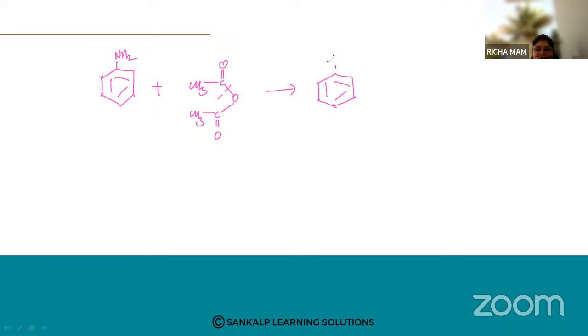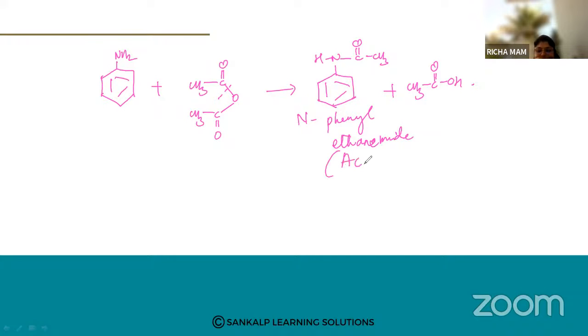In NH, one of the hydrogens will be replaced by the acetyl group, and you get acetic acid as the byproduct. So I'm going to get N-phenyl ethanamide, or acetanilide. This is our product, and this is acetic acid. Understood?